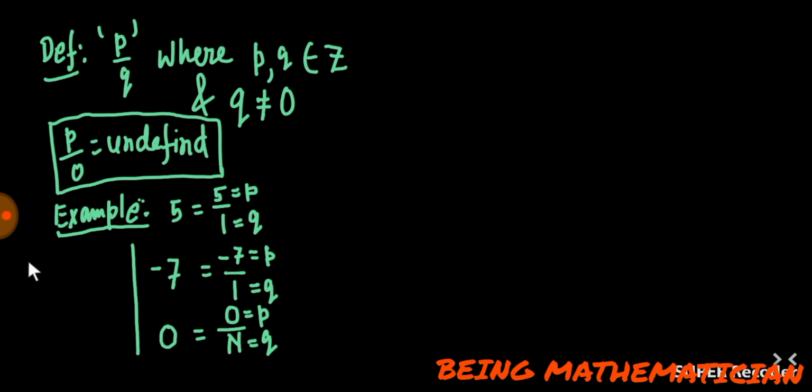Let's see more examples. 2.5 can be written as 25 by 10. Here 25 is P and 10 is Q. So 2.5 is also expressed in P by Q form. 7 by 10: here 7 is P and 10 is Q, so 7 by 10 can be expressed in P by Q form.